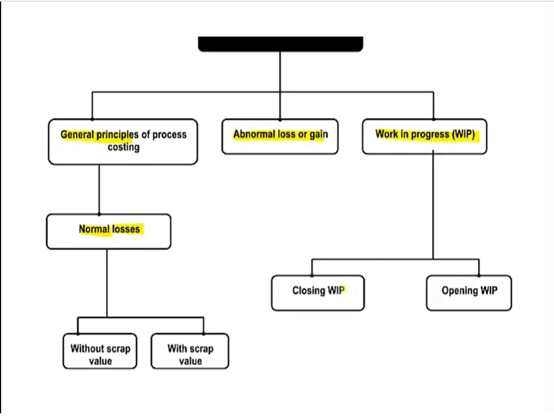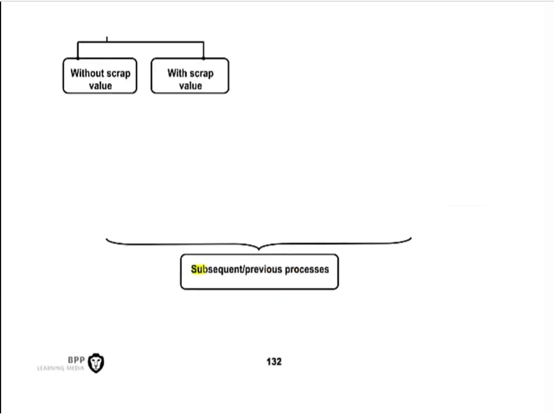And we need to know how to treat closing work in progress and opening work in progress, but recognising that the business might not have finished everything in stock by the end of the accounting period. Finally, then, we'll need to be able to deal with subsequent and previous processes as well, once we've understood all of the details of process costing.